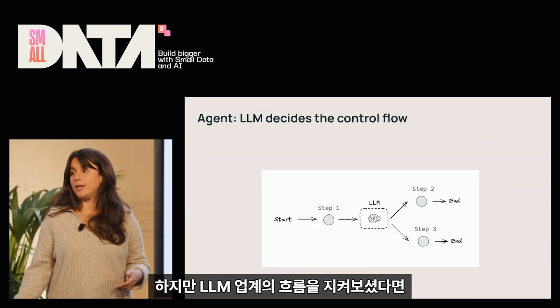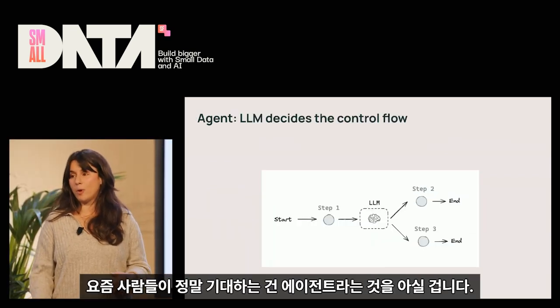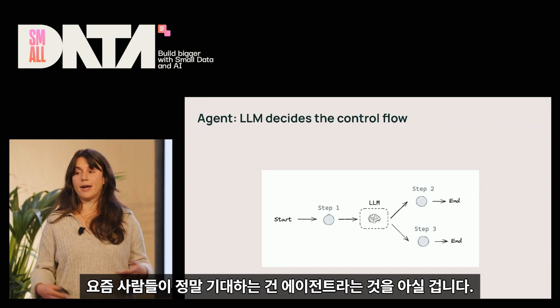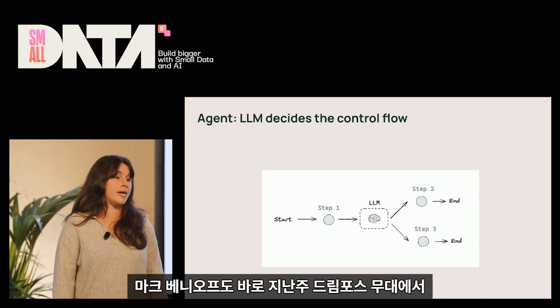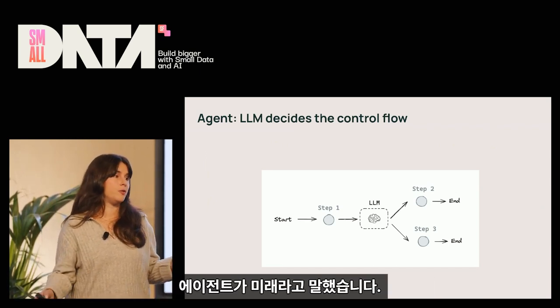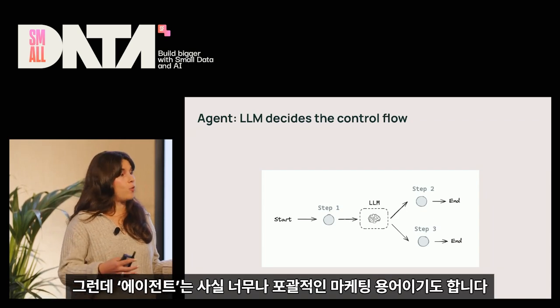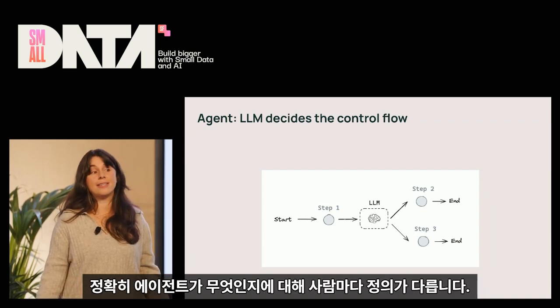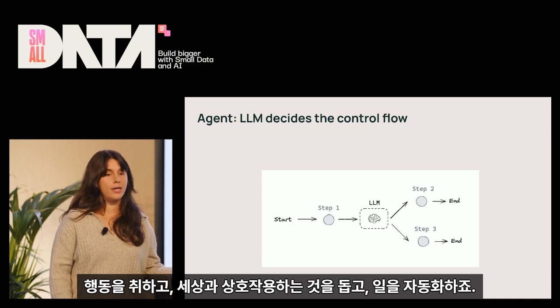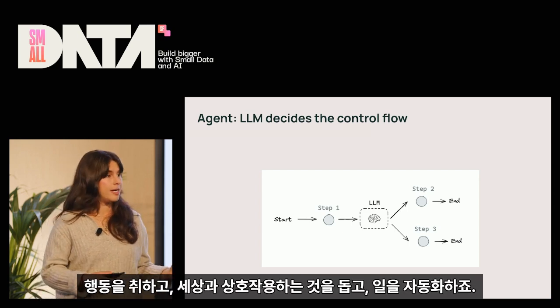But if you've been paying attention in the LLM world, what people are really excited about today are agents. Mark Benioff on stage at Dreamforce just earlier last week talked about how agents are the future. Agents is a very overloaded marketing term. People have different definitions for what exactly is an agent. It takes action, it helps you interact with the world, it automates things.